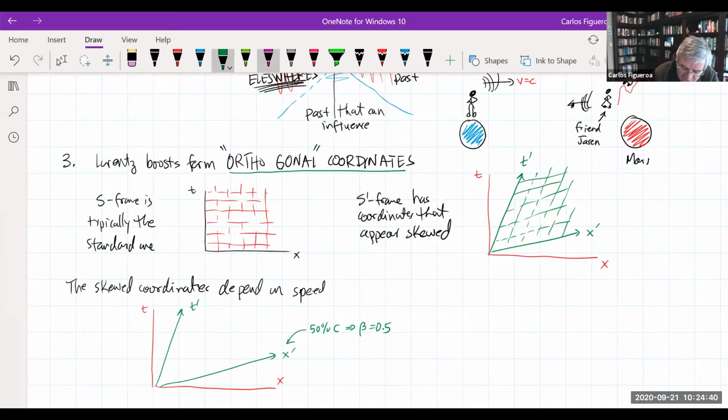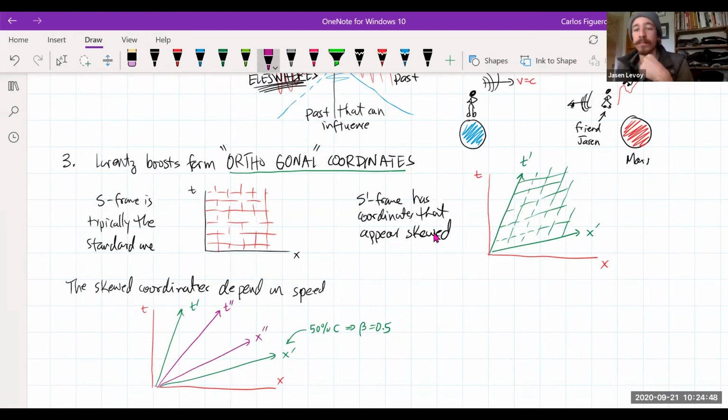If I go faster, then this guy here gets closer to the speed of light line.